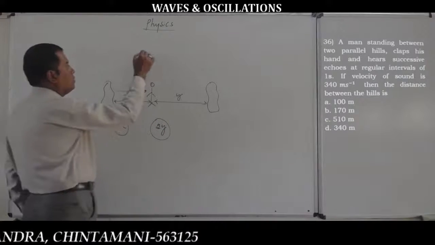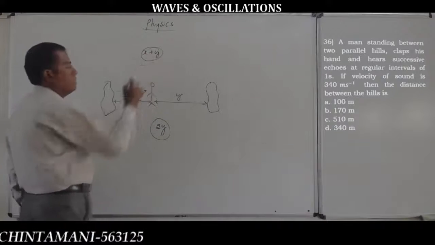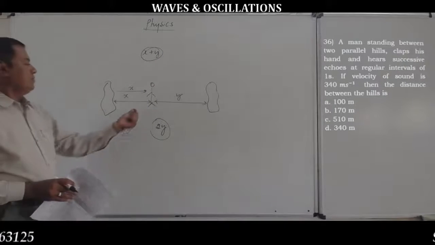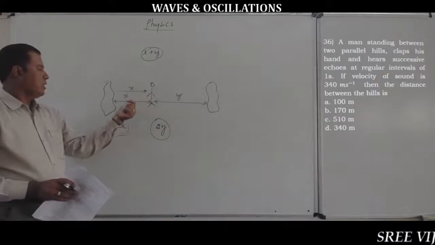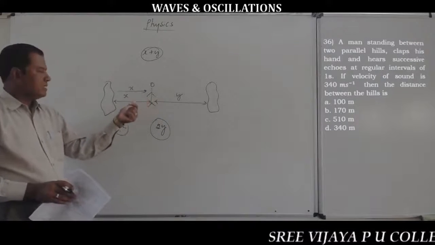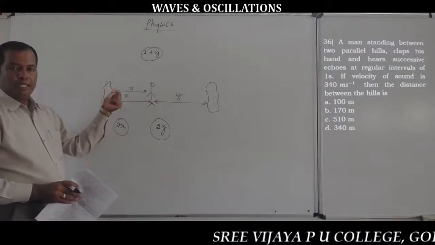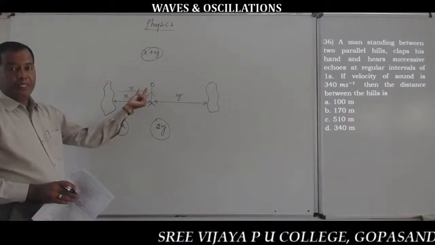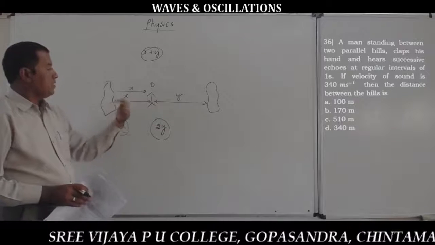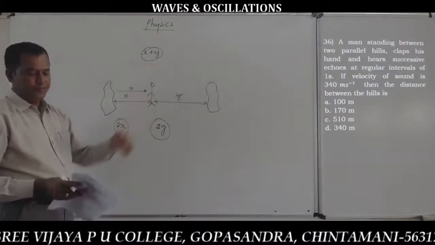But the distance between the two hills will be x plus y only. Once it claps, sound should reach this hill, it should be reflected, and then be perceived again. So the distance traveled by the sound to perceive the echo by the person will be 2x and 2y. But the distance between the two hills will be x plus y.